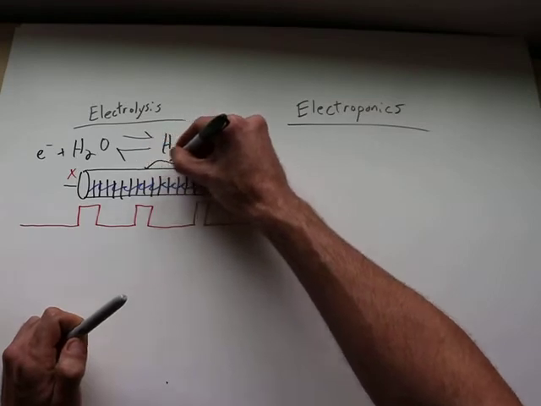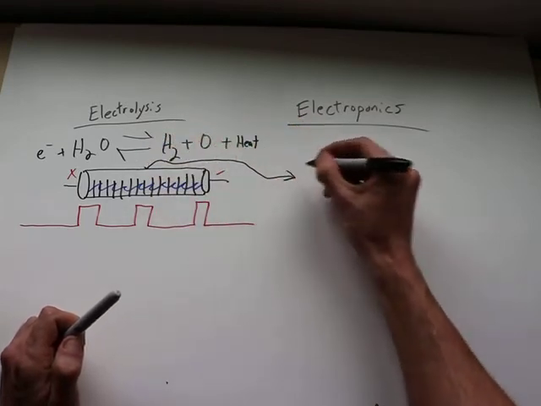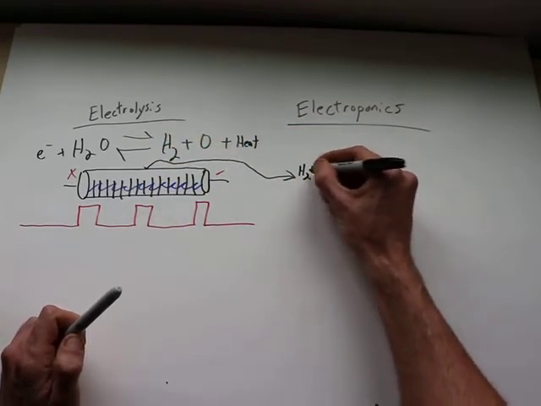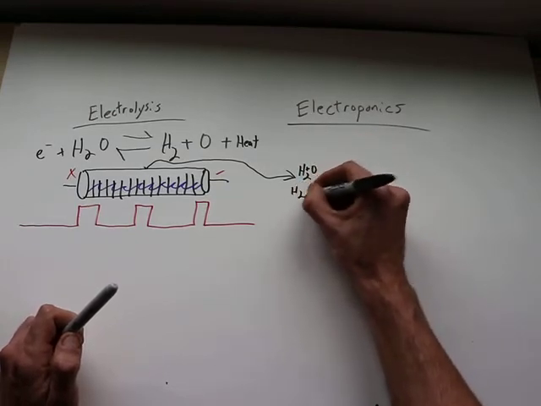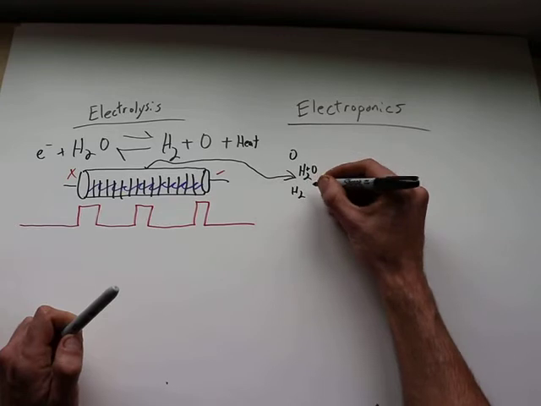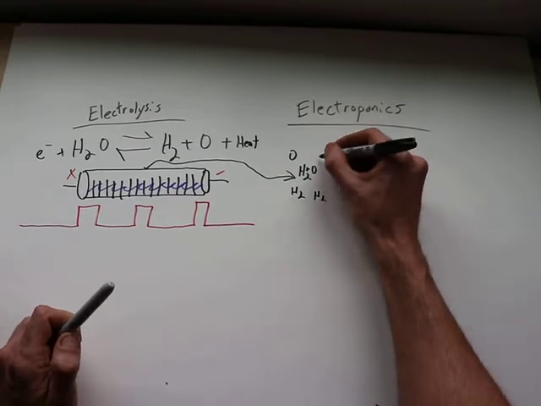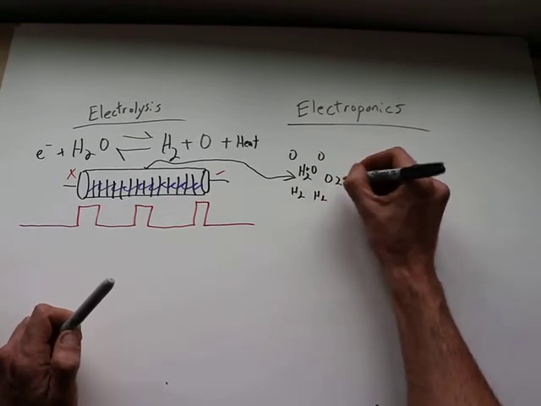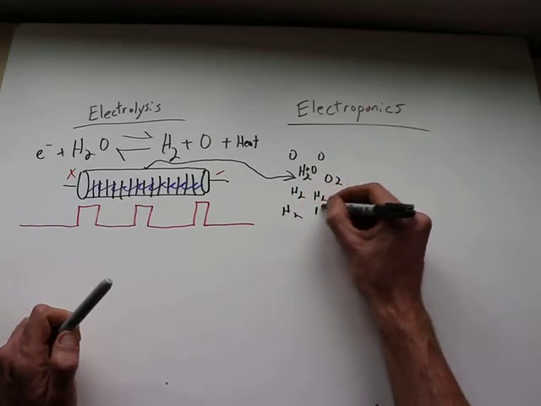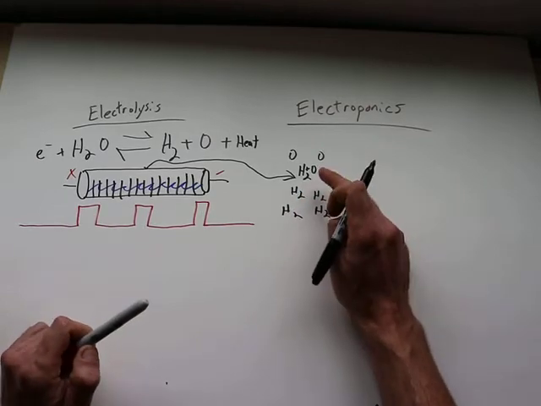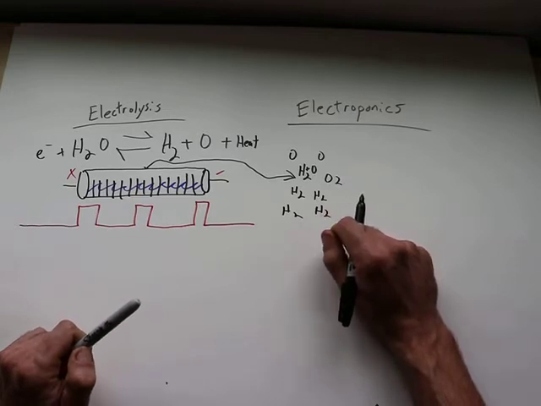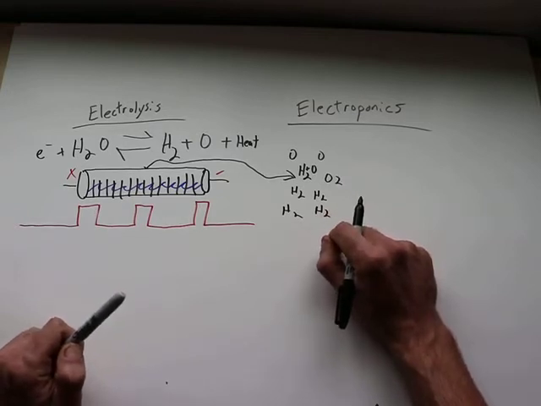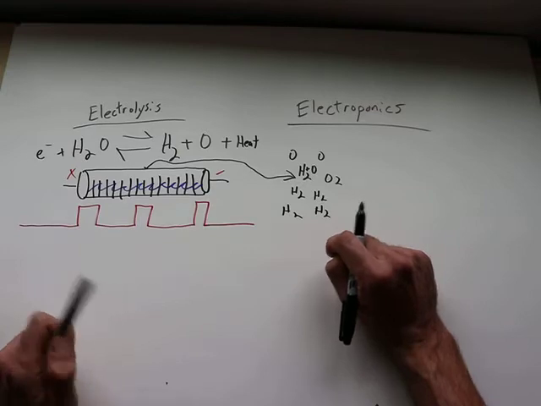And that hydrogen and oxygen is going to travel down a tube. And there's hydrogen and oxygen. There's probably a couple O2s. So we're going to have monoatomic oxygen, diatomic oxygen, diatomic hydrogen, possibly monoatomic hydrogen as well.